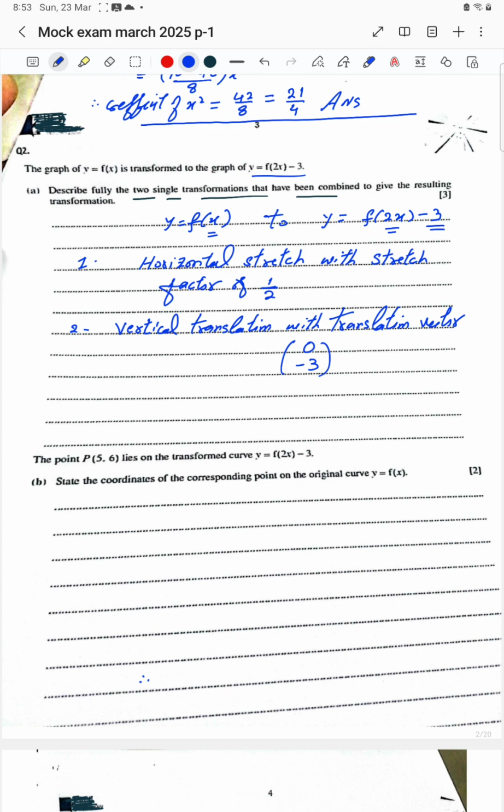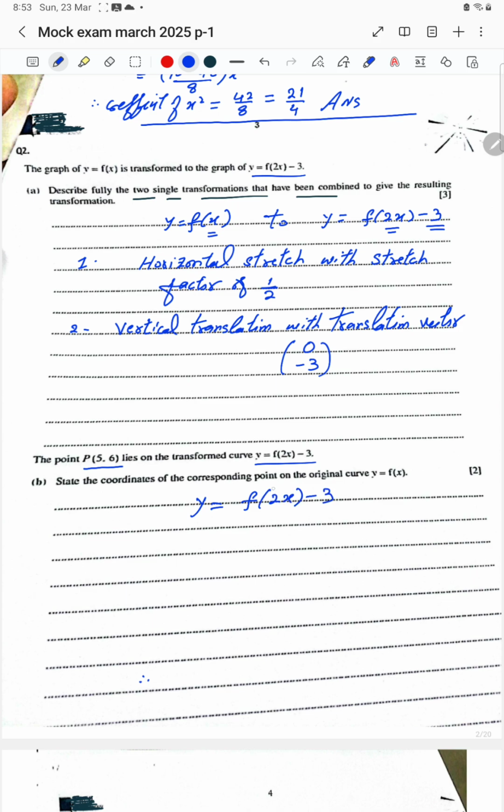Okay, next part of the same question: the point P (5, 6) lies on the transformed graph y = f(2x - 3), this lies on it.